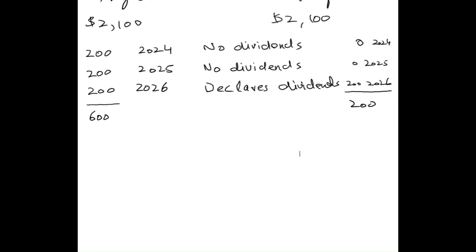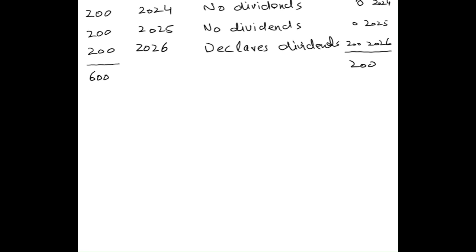Another thing that you need to learn in this module is what we call a stock dividend. This is similar to a cash dividend. The difference is, rather than the company paying cash in dividends, the company just pays in stock. They issue more stock.